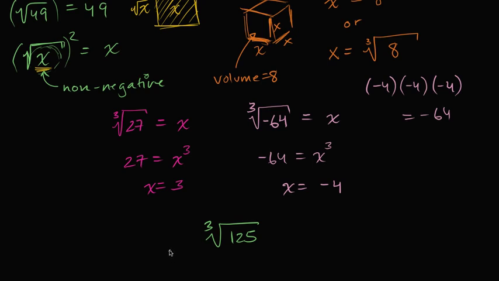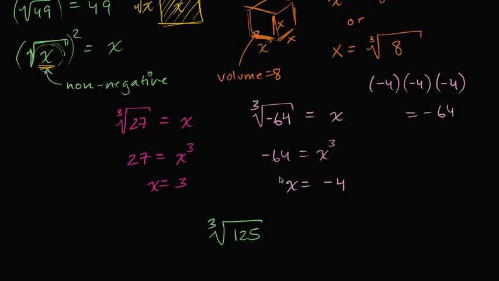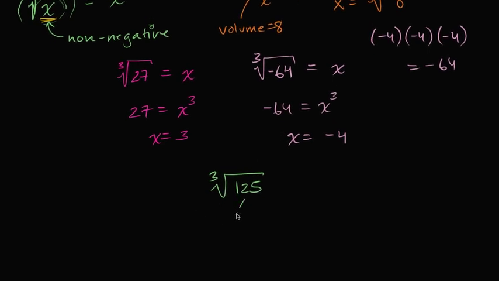The easiest way to figure this out is to do a prime factorization of this number. So 125 is 5 times 25, which is 5 times 5. So this is the same thing as the cube root of 5 to the third power, which of course is equal to 5.